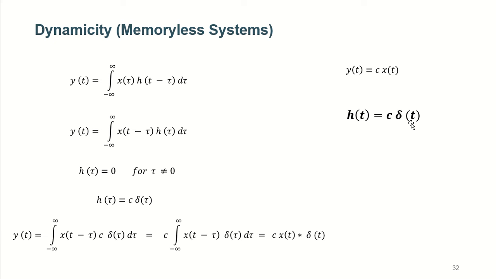The system will be a static system or memoryless system only when my h of t will be c delta t.